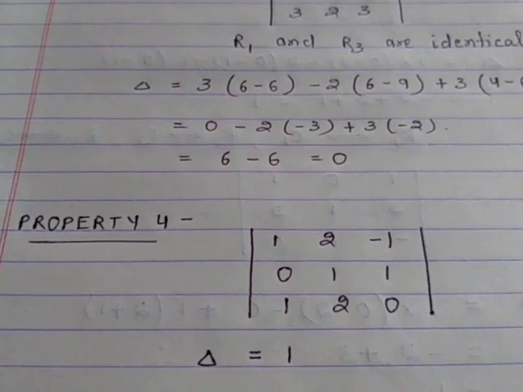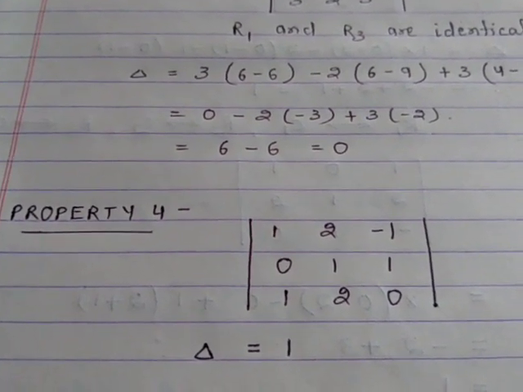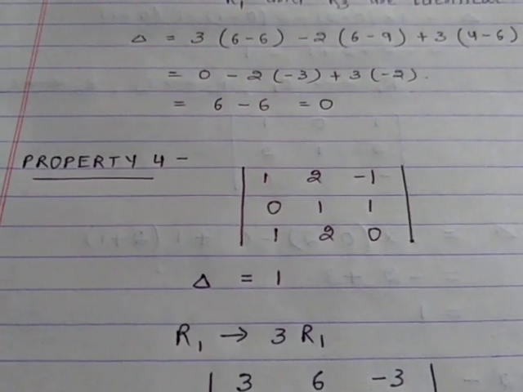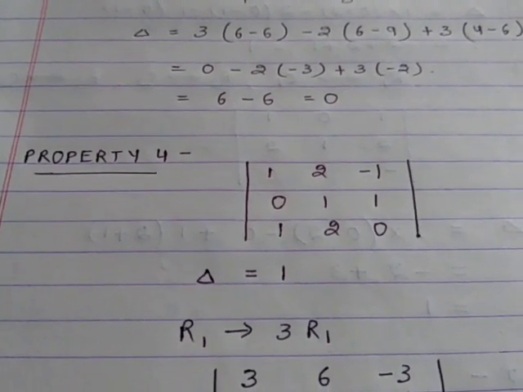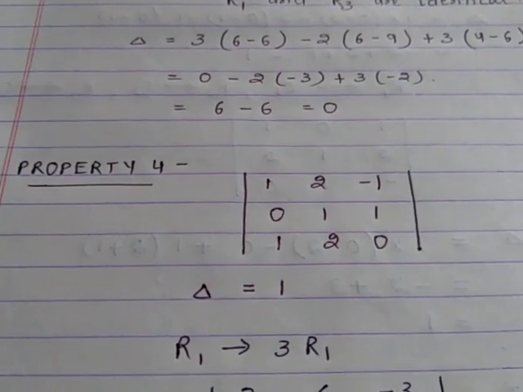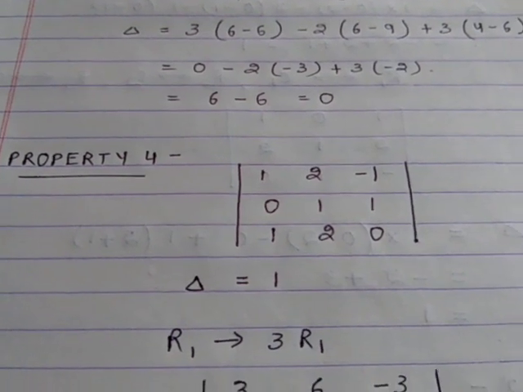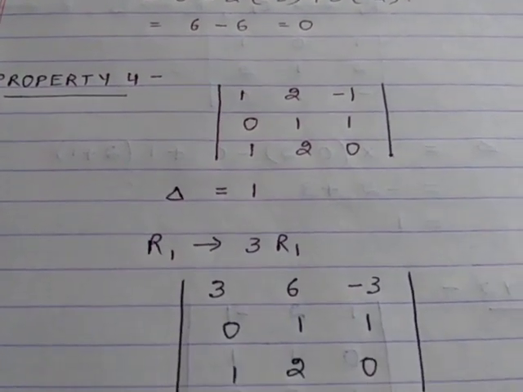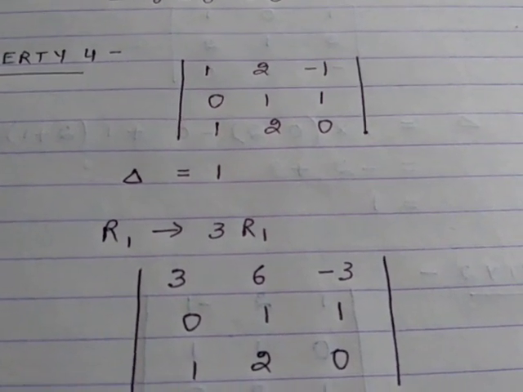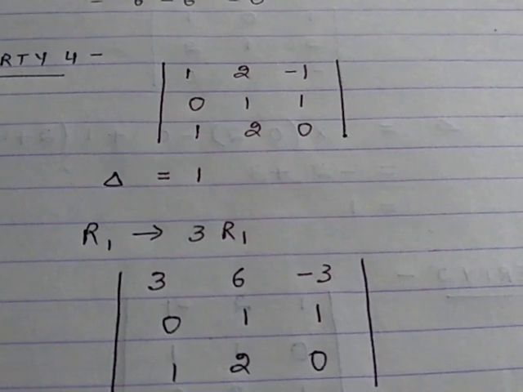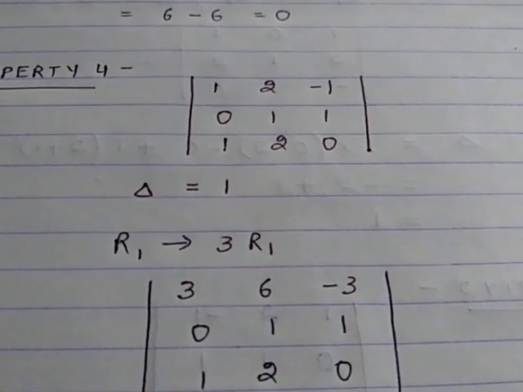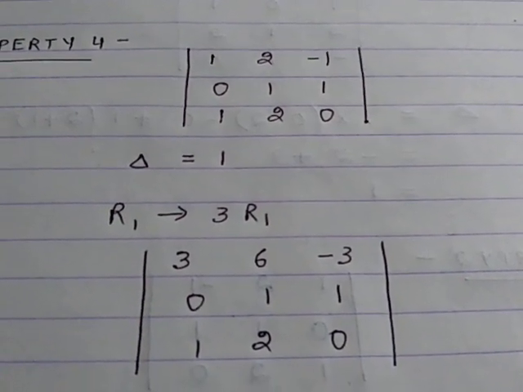The value of the given determinant is 1. Now, if row 1, the first row, is multiplied by 3, all the elements of row 1. The elements of row 2 and row 3 are the same. Only the elements of row 1 are multiplied by 3.